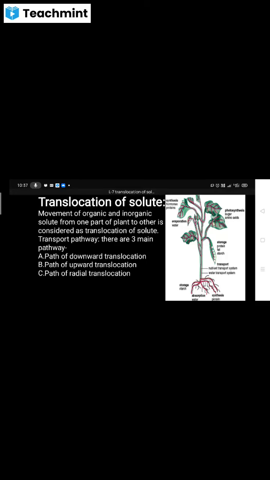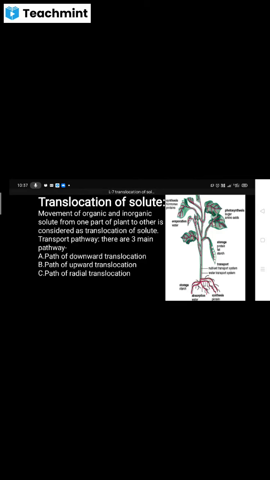Radial translocation means in the stem, some organic as well as inorganic material from the center part of the stem will be moved towards the outer layer, that is epidermis or bark. We can see how this movement takes place in the radial translocation.